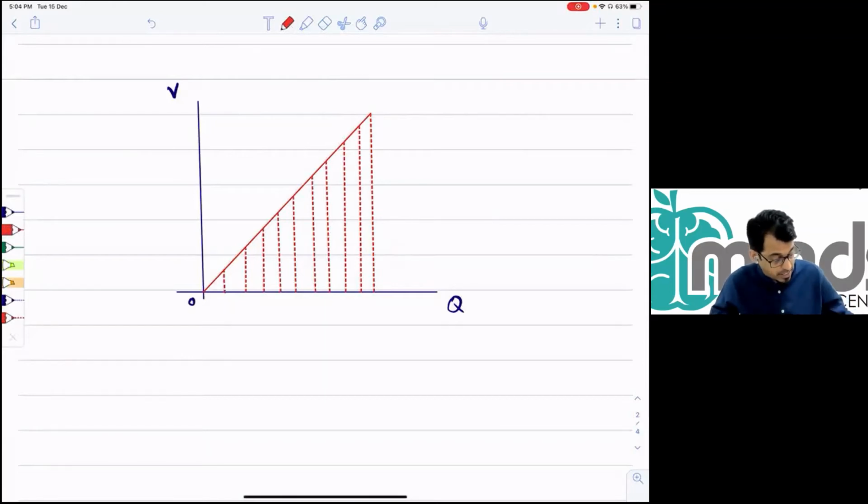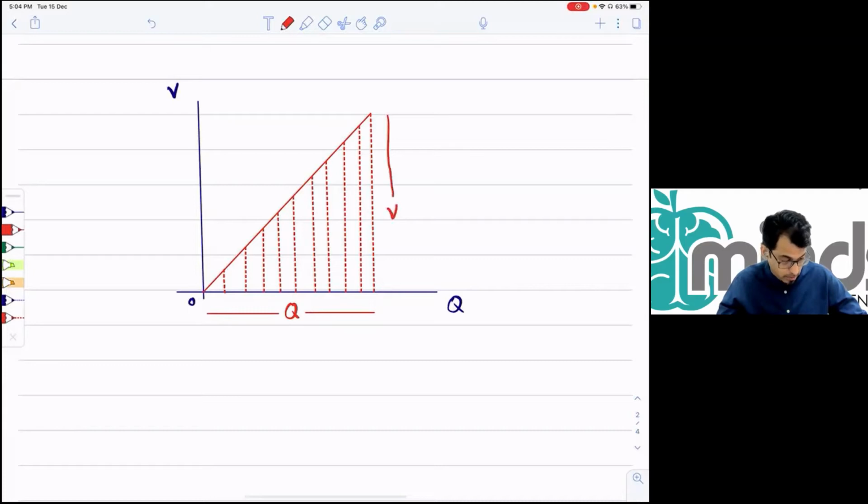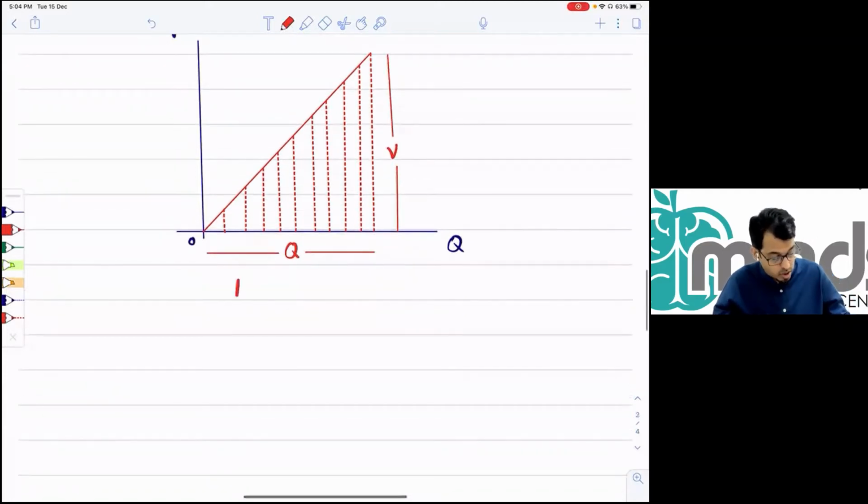So base is actually Q, the amount of charge, and height is actually V, the potential difference. So if you need the energy stored, it is half of base into altitude or height.